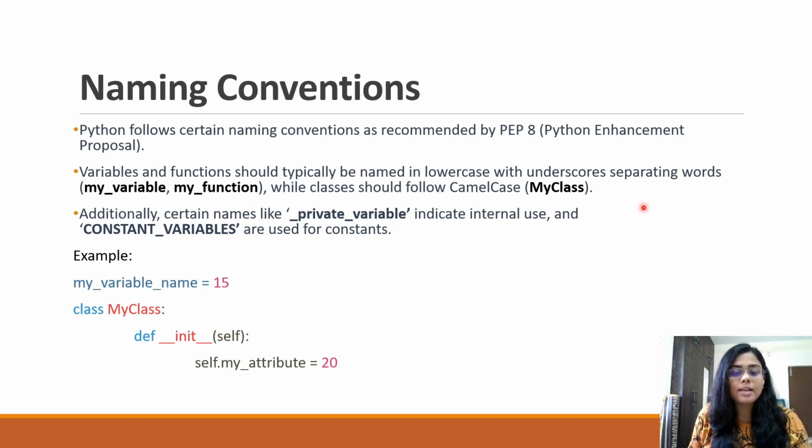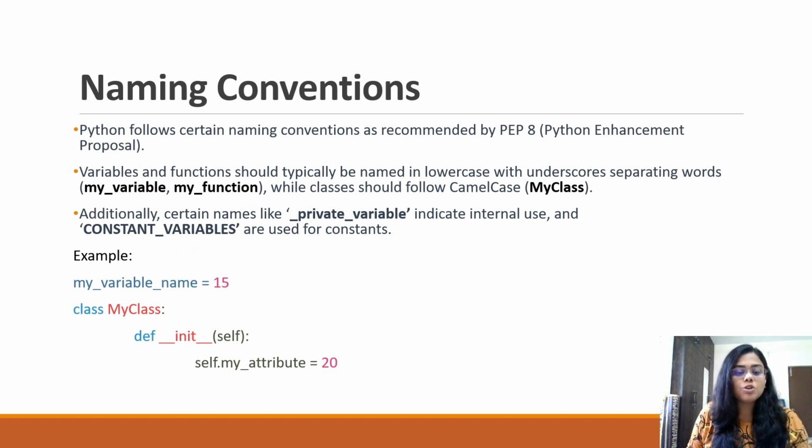Whereas classes can be defined using camel case, which uses multiple words with the first letter of every word being a capital letter. For internal use variables, we can use _private_variable, in all lowercase letters. And for constants, we can use CONSTANT_VARIABLE, all in capital letters.